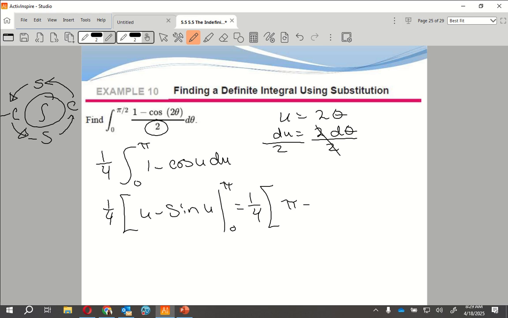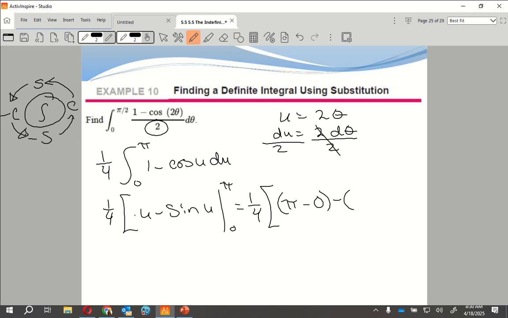And sine at pi? Is it 0? Yep. That's the top minus the bottom. This is going to give me... Sorry, I'm trying to write down stuff. 0 minus... what is sine at 0? 0.